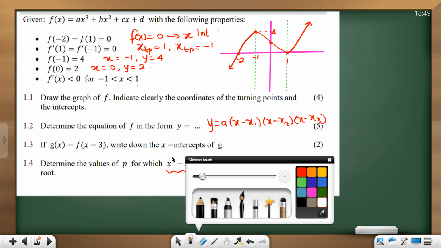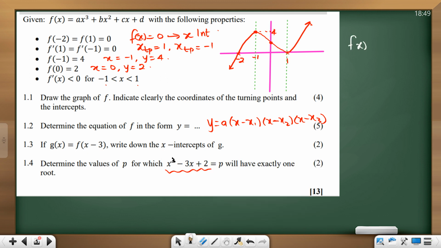So if I say f(x) is equal to p, y is equal to p, this is given by your asymptotes. We say y equals 2. Check this. What if the examiner gives you something like f(x) equals x plus p?